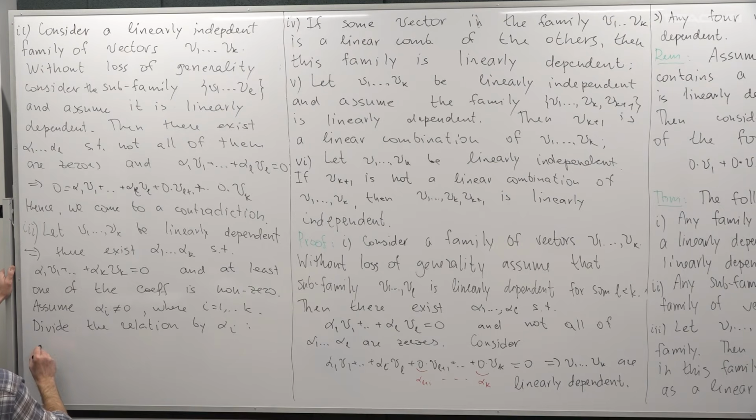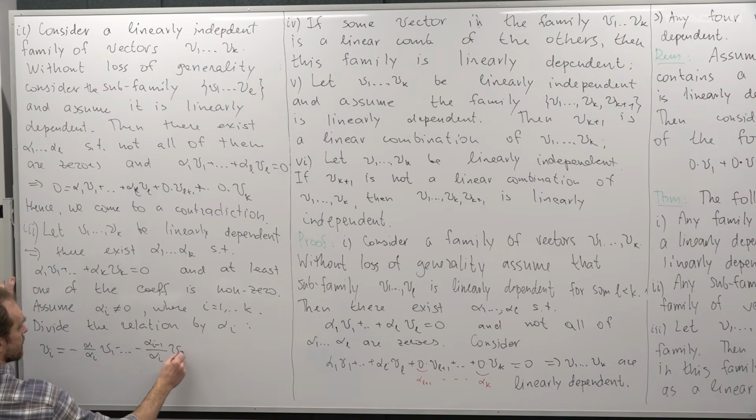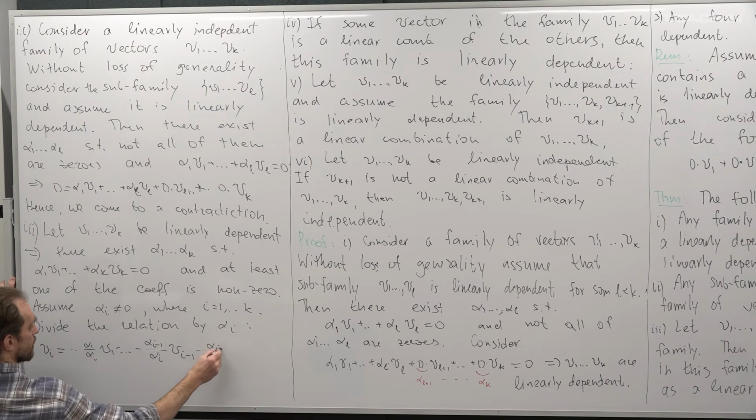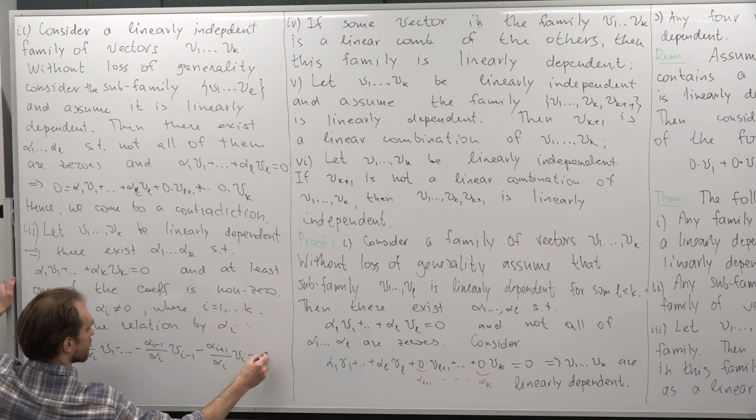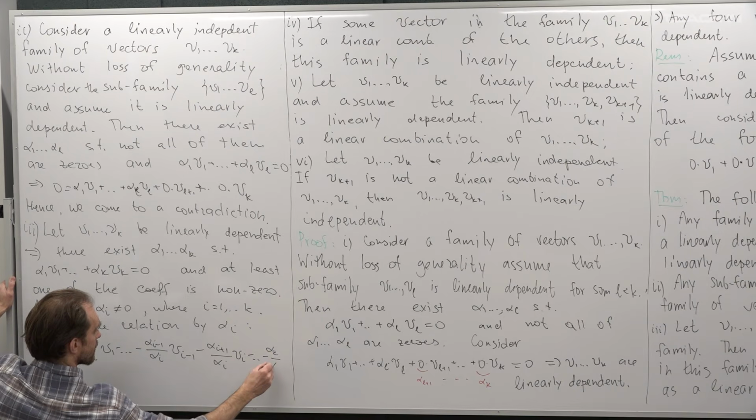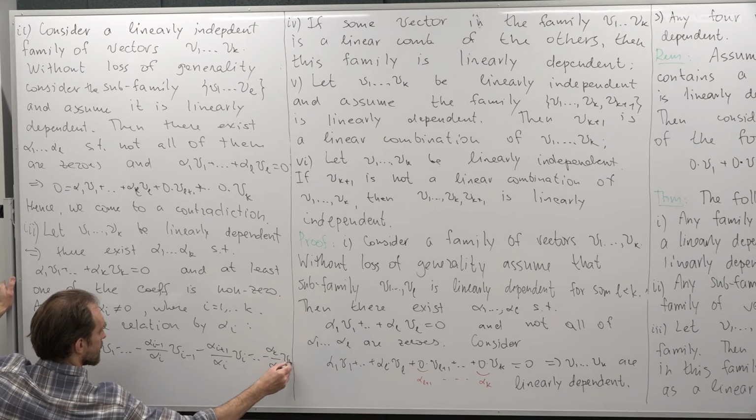We get Vi can be represented as minus alpha 1 divided by alpha I times V1 minus etc. minus alpha sub I minus 1 divided by alpha I times V sub I minus 1 minus alpha sub I plus 1 over alpha I times V sub I plus 1 minus etc. minus alpha k over alpha I times Vk.